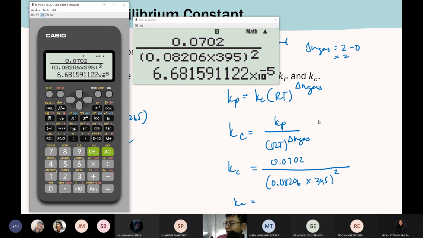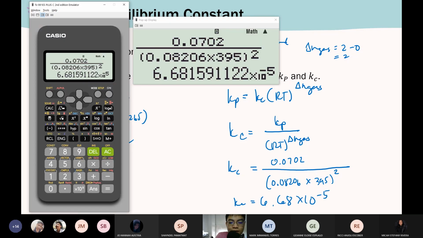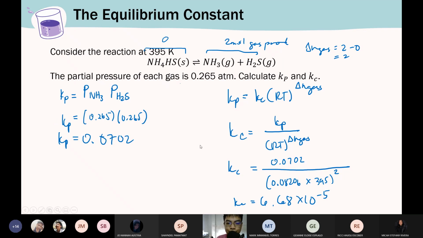Be careful, okay? So that's 6.68 times 10 raised to negative 5. Negative 5. Okay. So that's how you solve it.